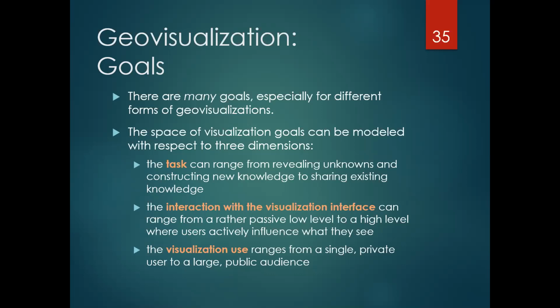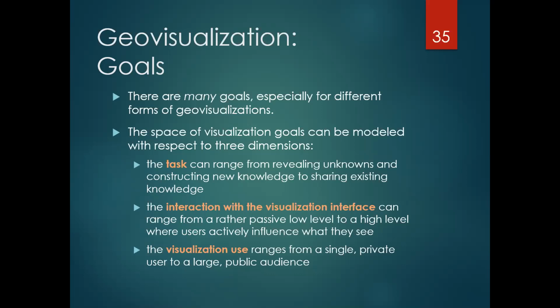That's called private. And on the other extreme of this dimension, your users could be the general public, which means your geovisualization is for a lot of people, not only for professionals like researchers or yourself. It's for the general public. That's the third dimension.